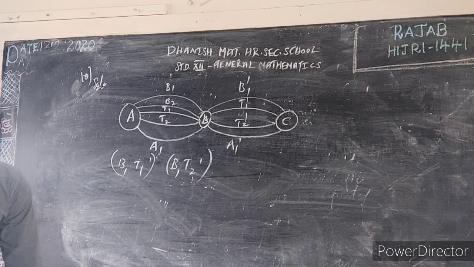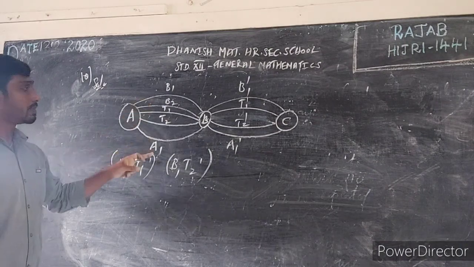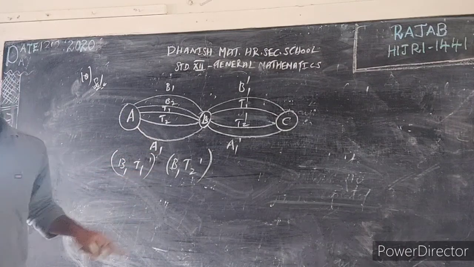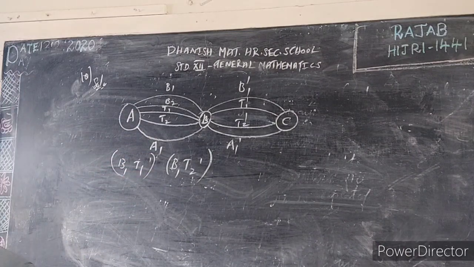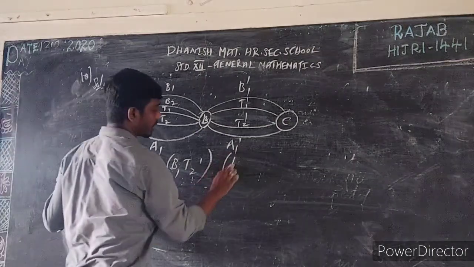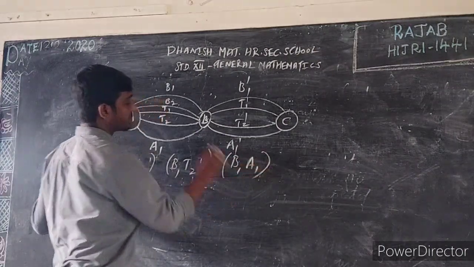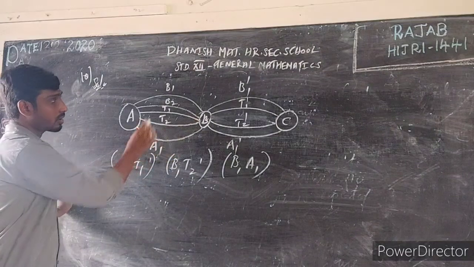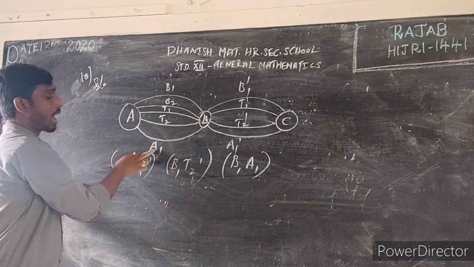Let's come to the B1 value. B1 will go with A1. So they have given in B1 two different trains, one air route. B1 will be combined with A1 dash.